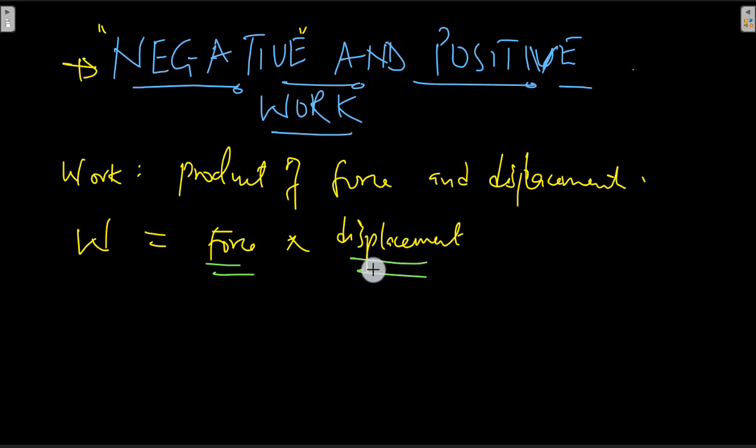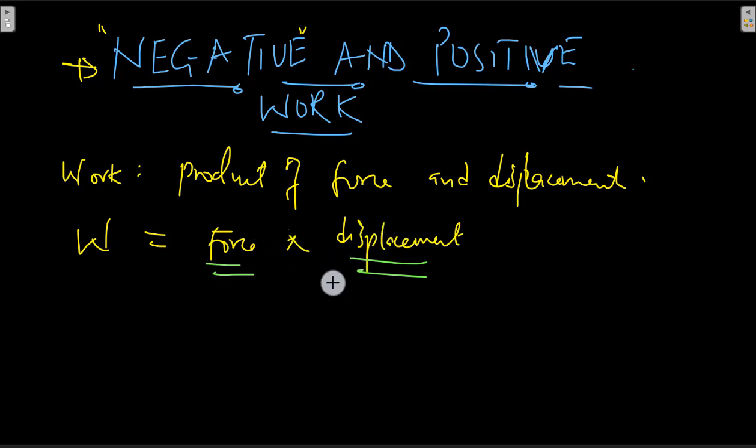And from the idea of multiplication of vector quantities, we have two types of multiplication. We have the scalar product and we also have the vector product. So we have to know what kind of multiplication we are doing exactly.